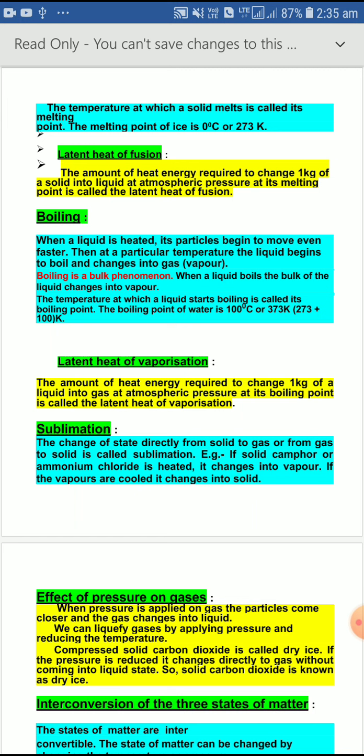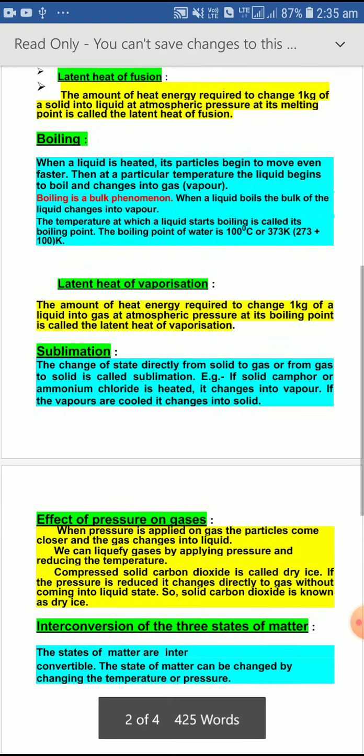When you liquefy gas by applying pressure and reducing the temperature, for example, compressed solid carbon dioxide is called dry ice. When the pressure is reduced, it changes directly to gas without coming into liquid state. So solid carbon dioxide is known as dry ice.